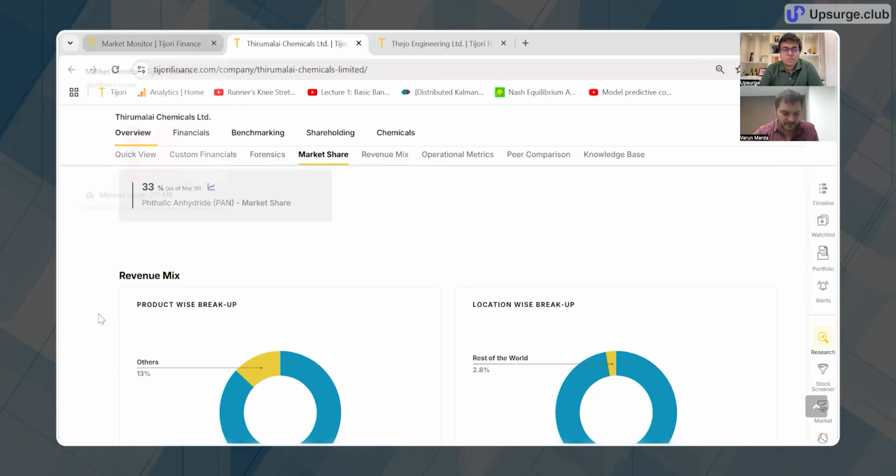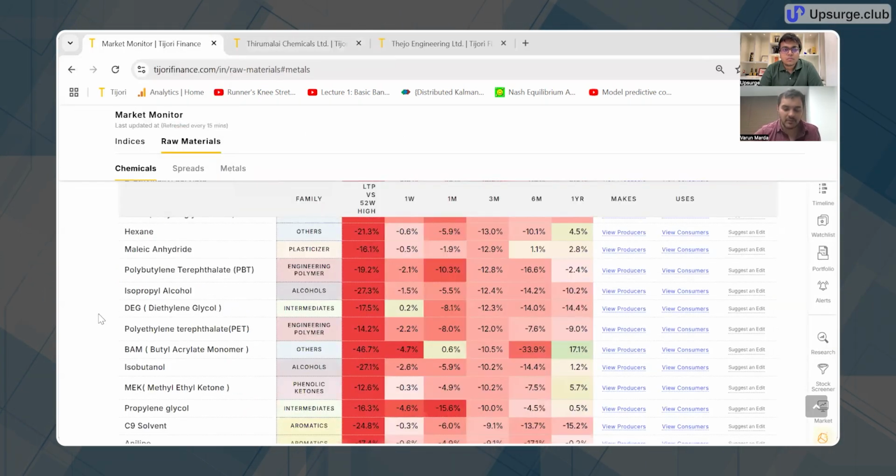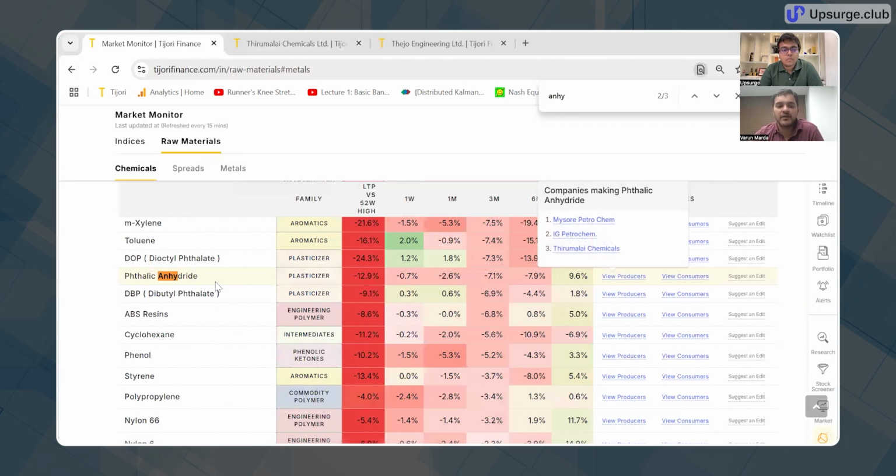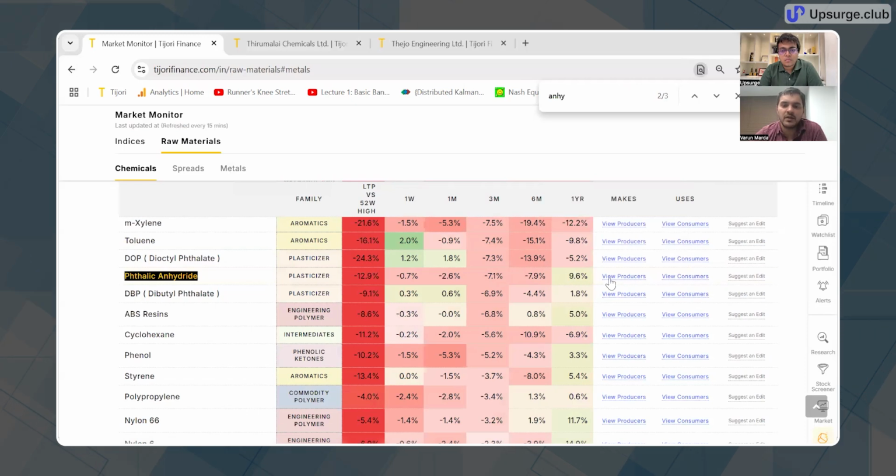And then I look at Malik, phthalic anhydride is here, but this price has gone down only by 7% in the last 3 months. So we'll know that, okay, this company, Tirumalai Chemicals, its revenue is going to get impacted for sure. Or if the price goes up, then it's going to be really good for this company. So you need to use a little discretion while using this feature.